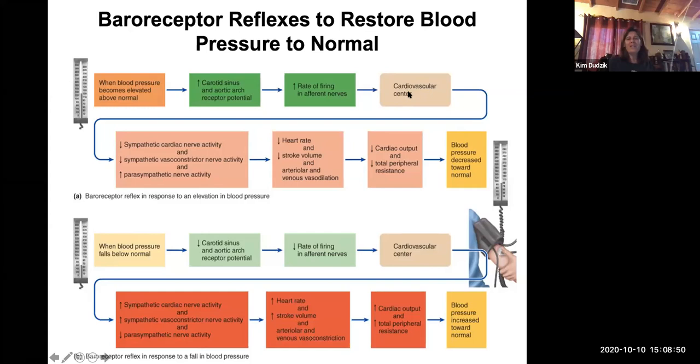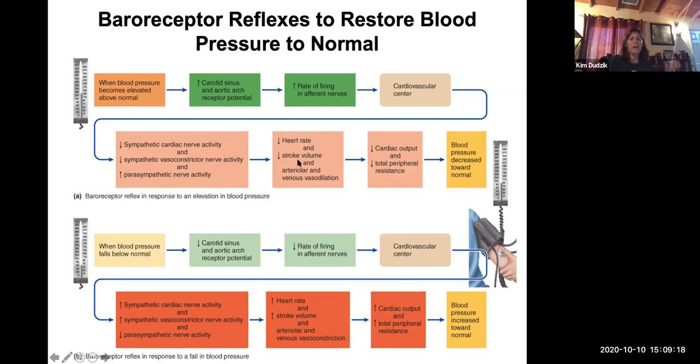So that goes to the cardiovascular center. Remember, that's the medulla oblongata. So those are nerve cells that can come along, decrease the sympathetic nerve activity, decrease sympathetic vasoconstrictor nerve activity, because our blood pressure is elevated. We're going to increase parasympathetic nerve activity. We want to lower it. So we do that by decreasing the heart rate.